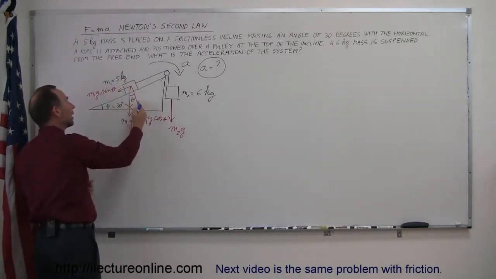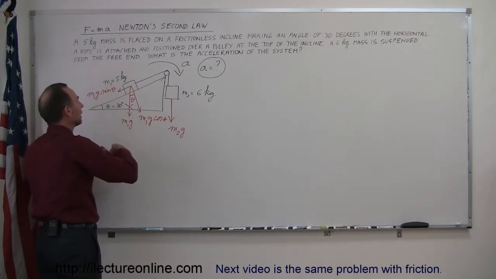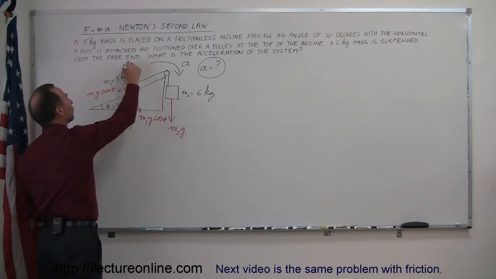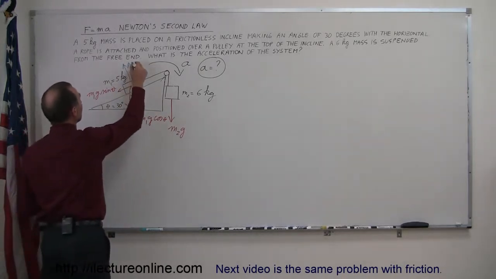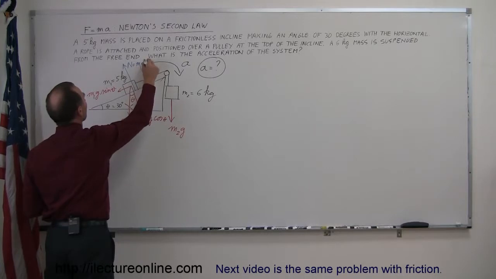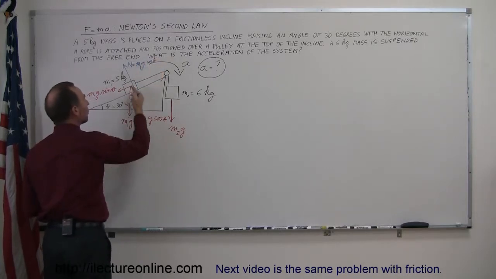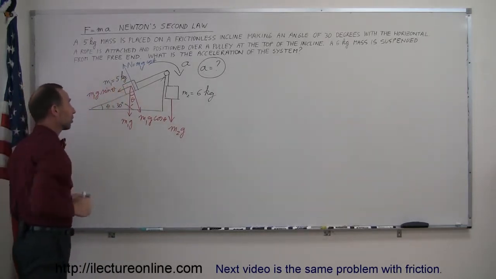It's the incline pushing back. Since the weight of the block m1 is pushing it into the incline, then the incline will have an equal and opposite force, the normal force pushing back. That's according to Newton's third law, and that is equal to m1g cosine of theta. So it's equal in magnitude to this force, just opposite in direction. And of course, those two forces then cancel each other out.